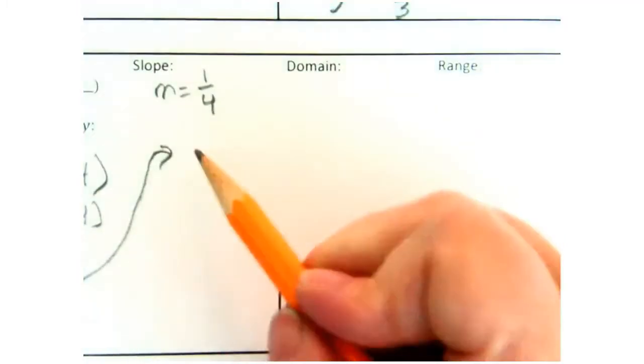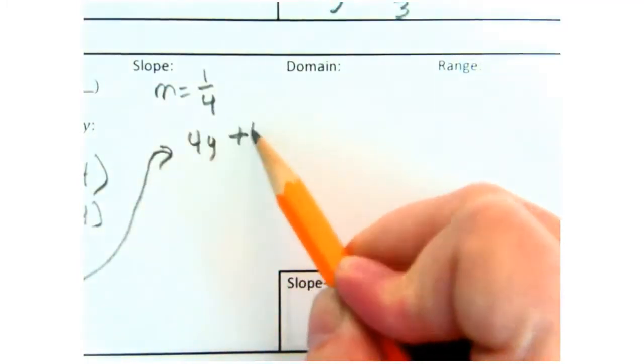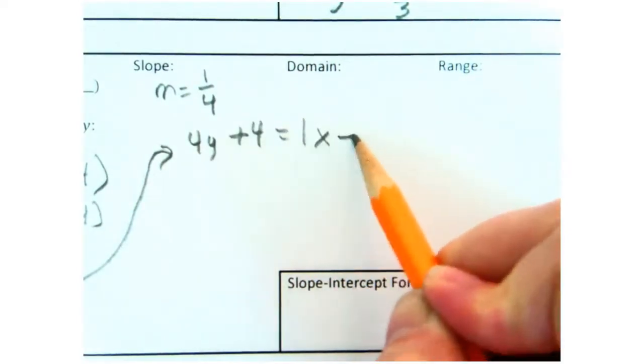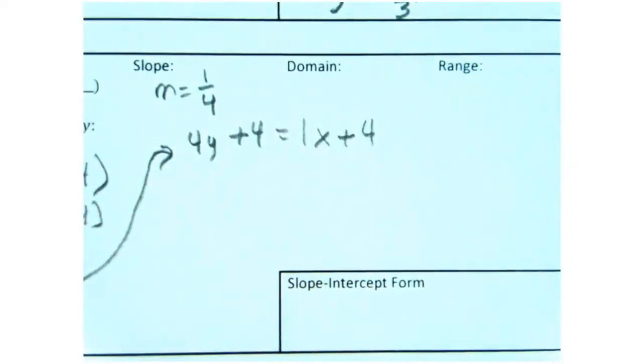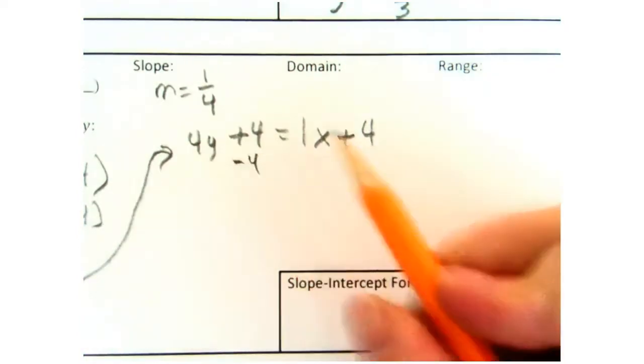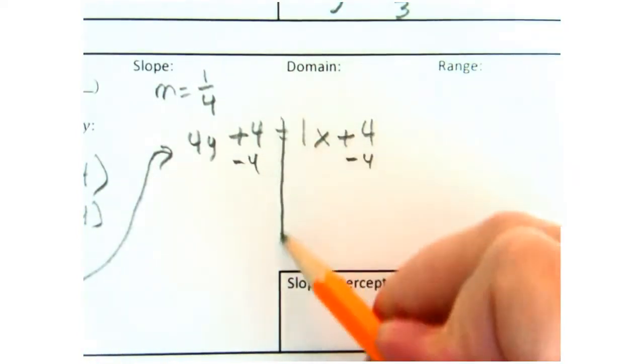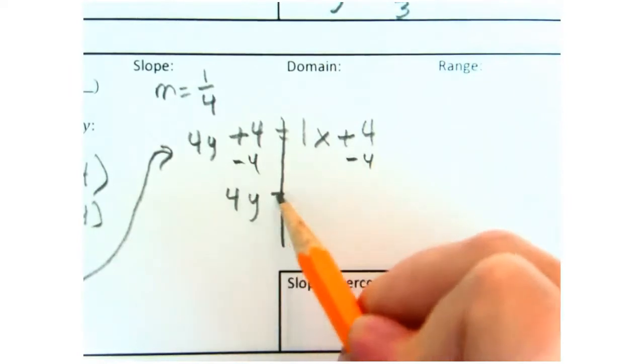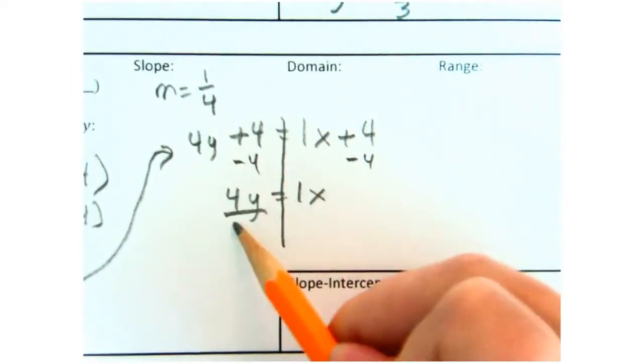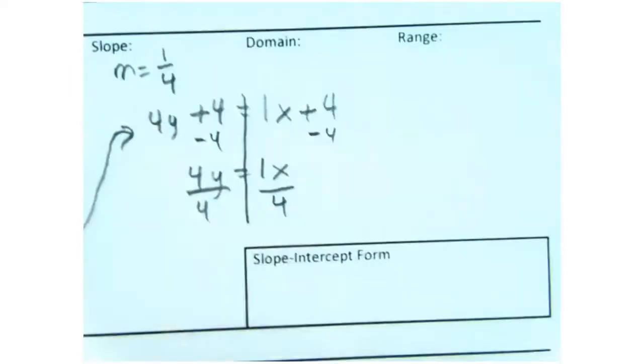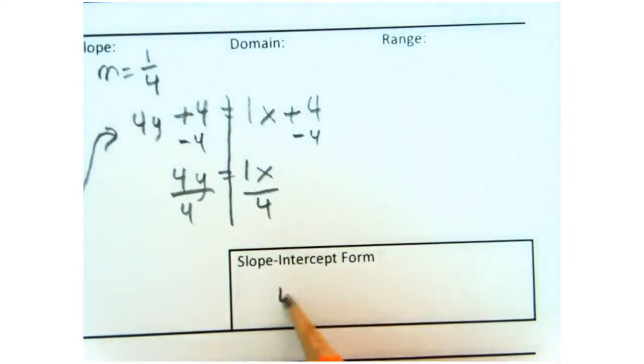When y is by itself, we have y equals mx plus b, which is the slope-intercept form of the equation. Start by subtracting 4 from both sides. 4y equals 1x. Divide both sides by 4. The solution is y equals 1/4 x.